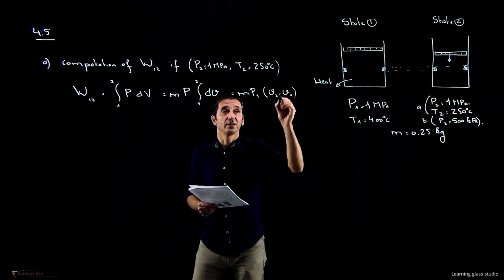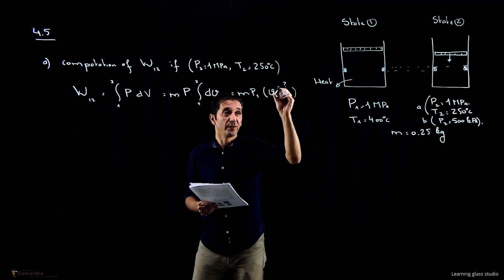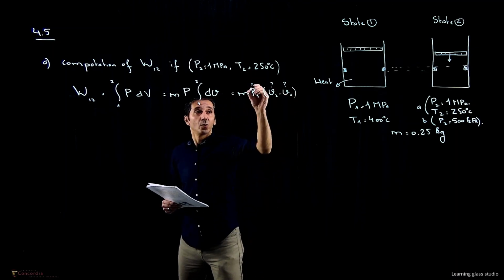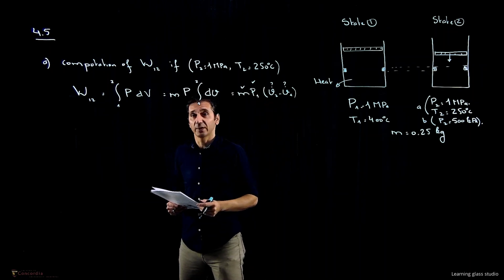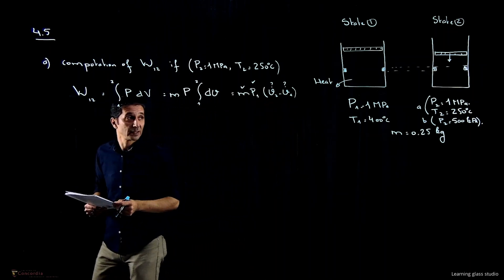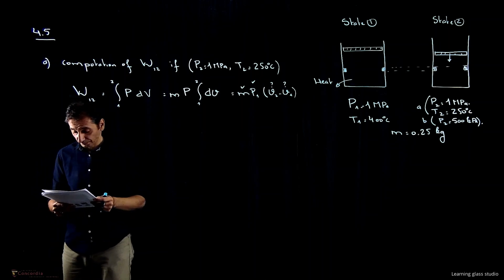So if we get the specific volumes V1 and V2, we have P1, 1 megapascal, and the mass 0.25 kilograms, so therefore we can get our work.